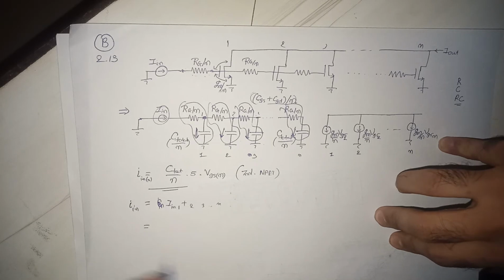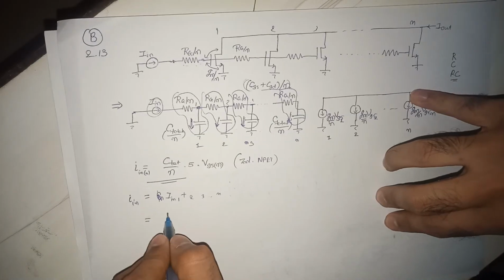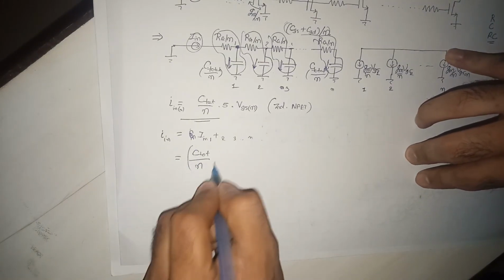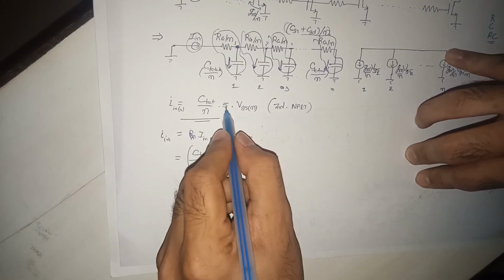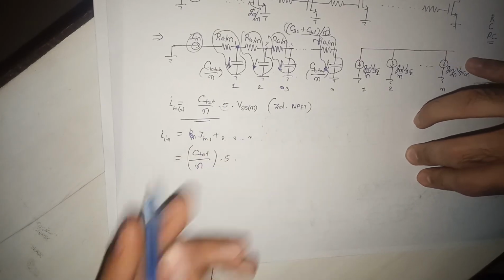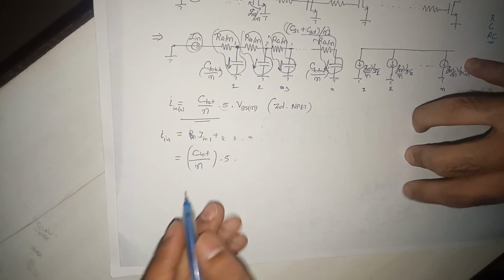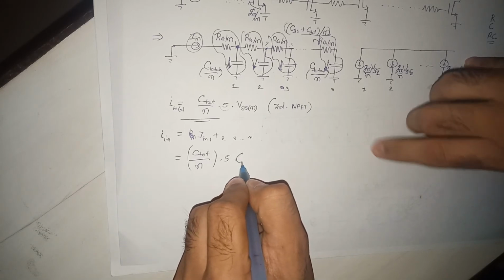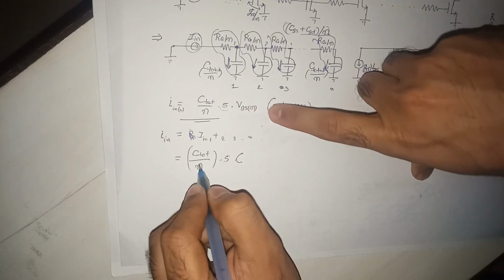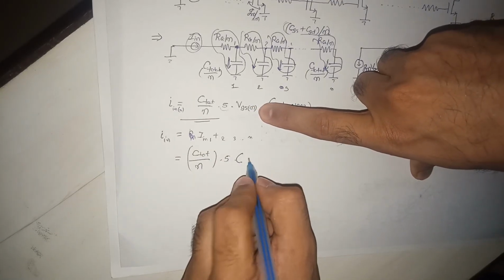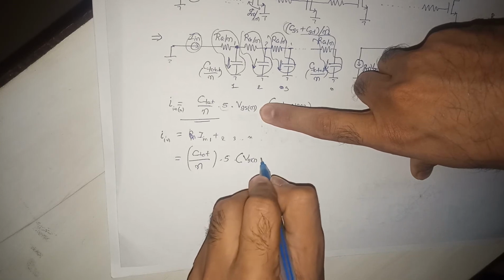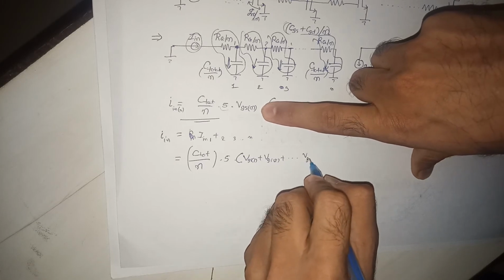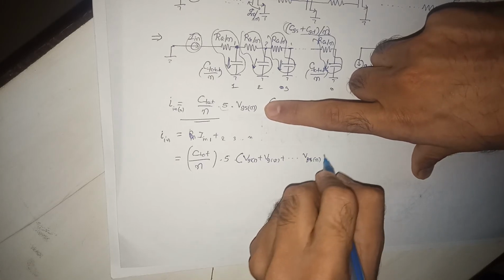What will it be? C total upon n into s, this is the Laplace representation of C dV by dt, into VGS of 1 plus VGS of 2 plus up to VGS of n.